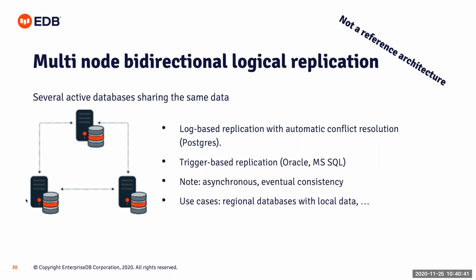But it is possible to do this, and on Postgres, if you only connect to Postgres databases, then this is log-based, so you don't need triggers on the tables. Whereas with Oracle and MS SQL, you will need to implement triggers, or actually the replication server itself is going to implement the triggers on the tables.